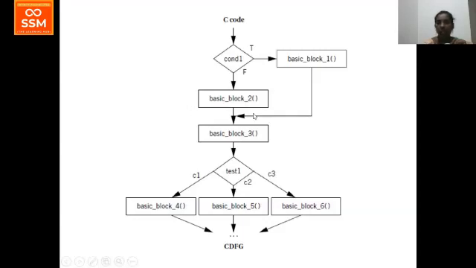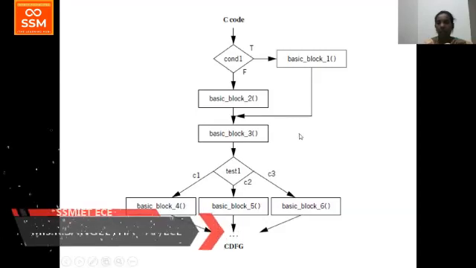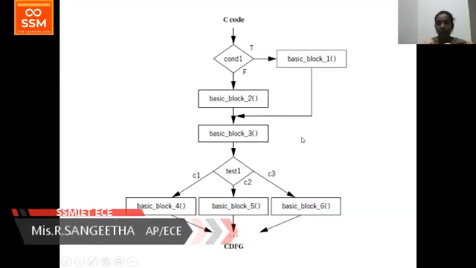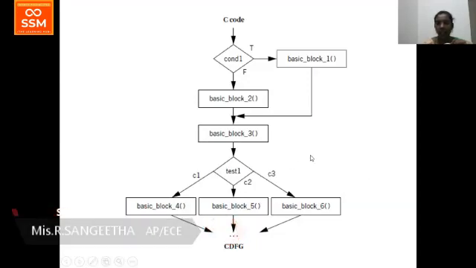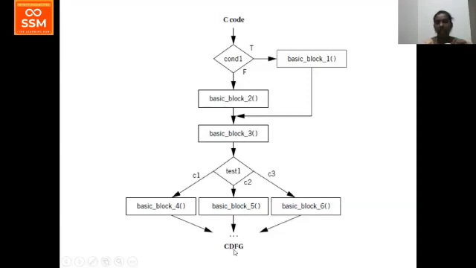In a data flow graph, we don't have any conditionals; in a conditional flow graph, we have conditions with decision nodes as well as data nodes.